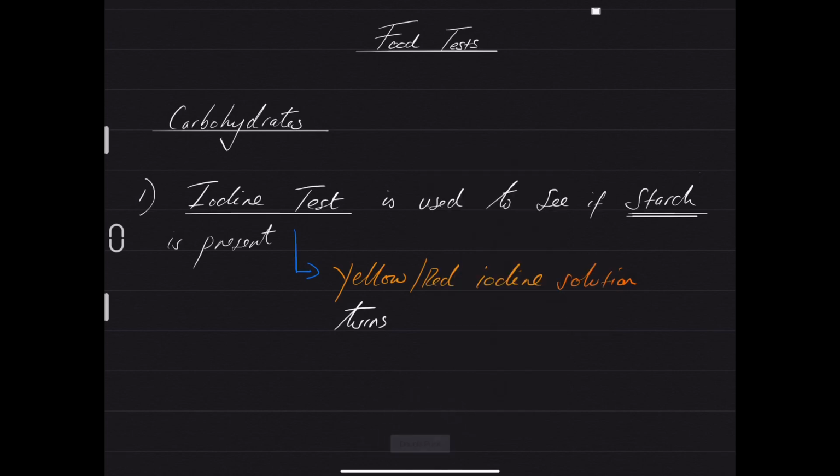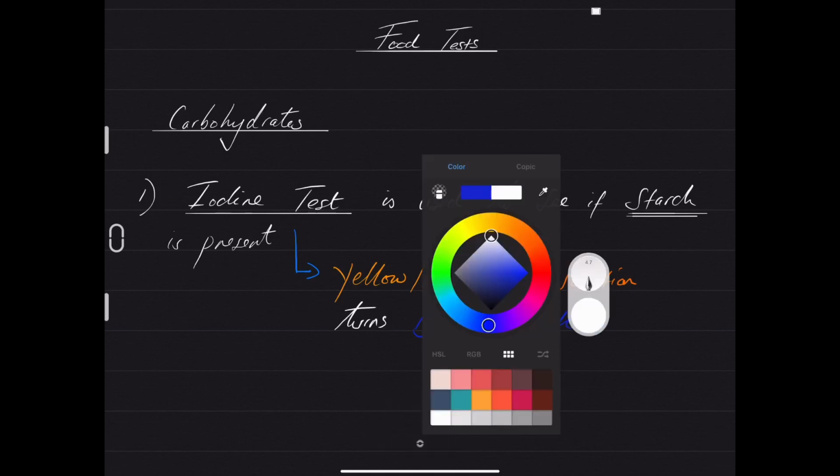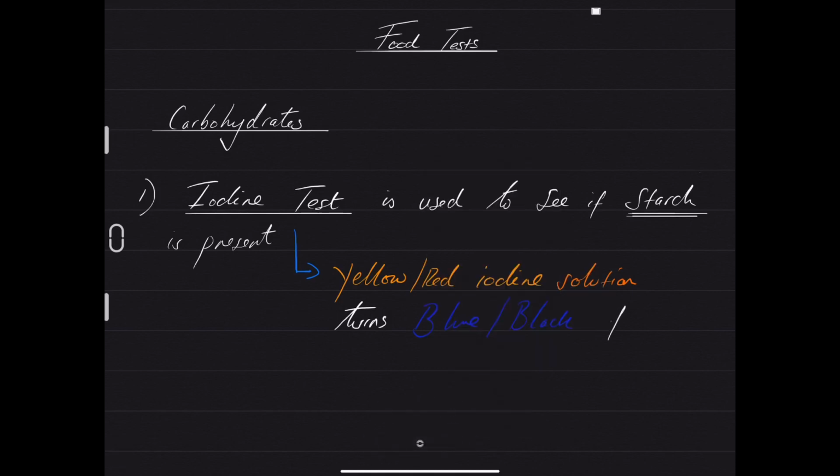So let's say turns blue black if starch is present. Okay, so in the presence of starch, iodine solution, which is yellow red, will turn blue black.